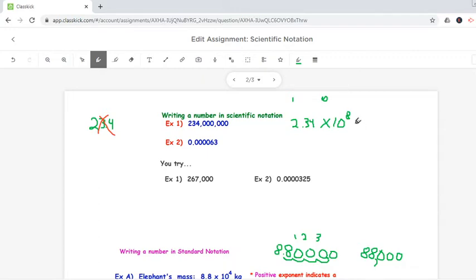Okay, so that's scientific notation. So 2.34 times 10 to the 8th. That equals, I'll do 2.34. That equals, I'll do 2, 3, 4. That's 2. 1, 2.